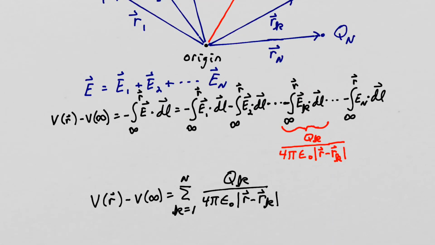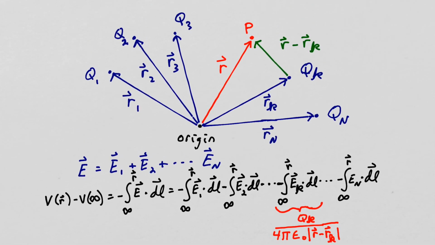To obtain the amount of work to move that 1 coulomb from infinity to R if all the charges were present, it's just a summation of all these terms, which is equal to the sum from k equals 1 to n of q sub k over 4 pi epsilon sub 0 times the magnitude of R minus R sub k. This magnitude of R minus R sub k is just the distance between that particular charge and the location of the potential.